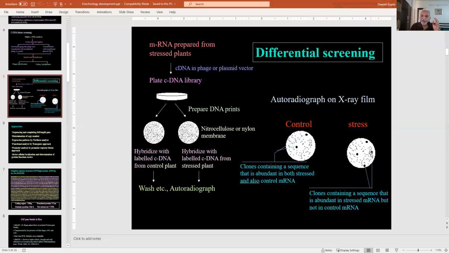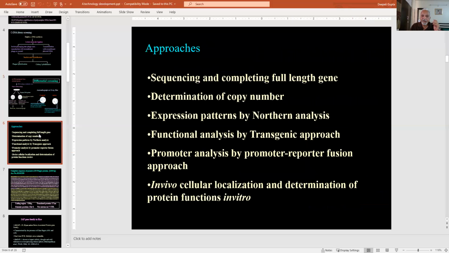Now, once these genes are picked up from here, there are approaches, as I mentioned earlier in my very first lecture through this slide, that these need to be sequenced to check whether the trapped gene is full length. If not, then the mRNA is completed. There are different approaches for that. I will talk about that: how, if you have an incomplete mRNA trapped in a library, that sequence can be completed.